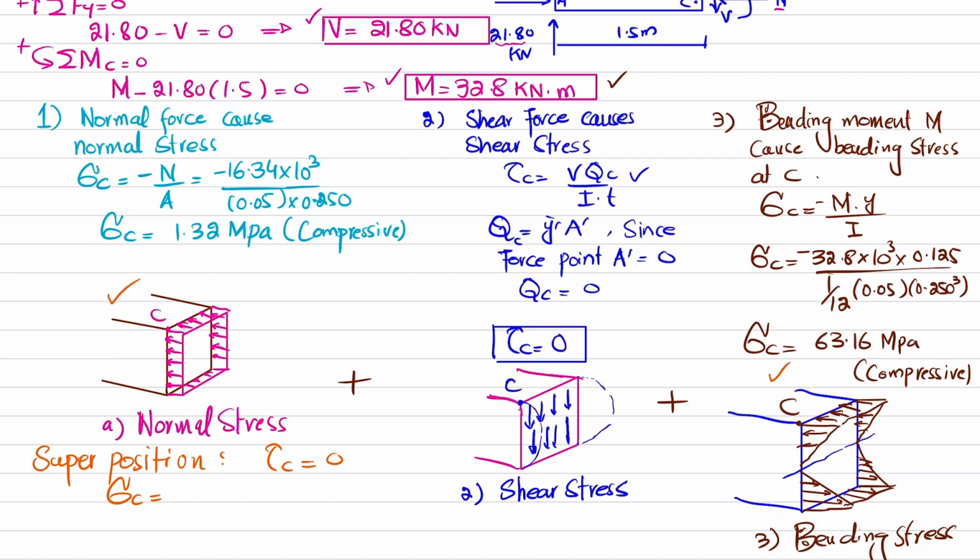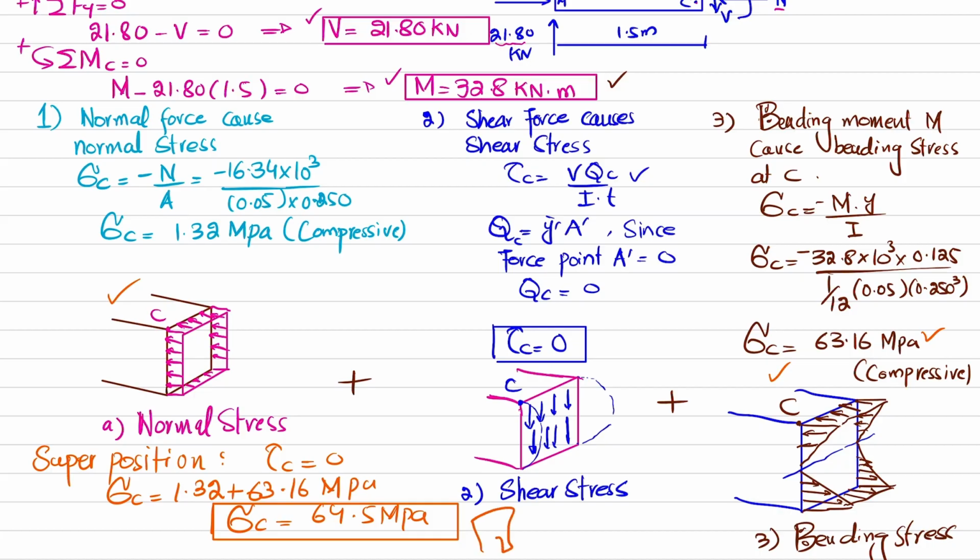Clear? So I can write normal stress at point C is 1.32 megapascal and bending stress at point C is 63.16 megapascal. So total stress at point C is 64.5 megapascal. And this is the answer of our question.